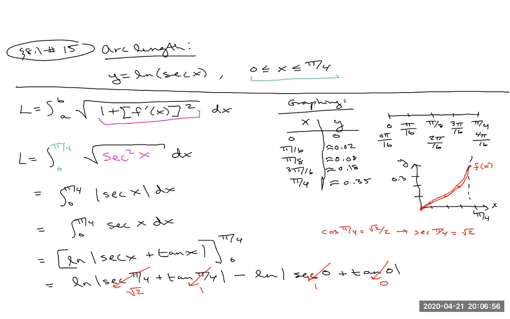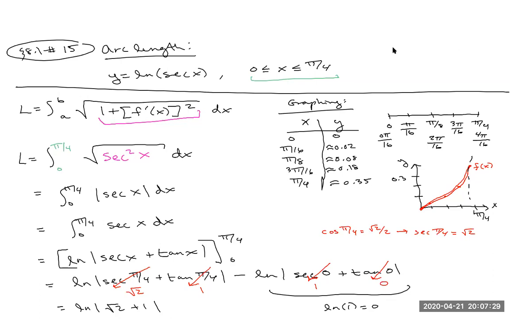So we have ln of root 2 plus 1. And then for this part, this would become ln of 1, which is equal to 0. So this whole portion cancels out here, right? So your arc length, let me save that piece so that I can make it neater, because we have an absolute value here and root 2 plus 1 is going to be positive. So we can drop the absolute value.